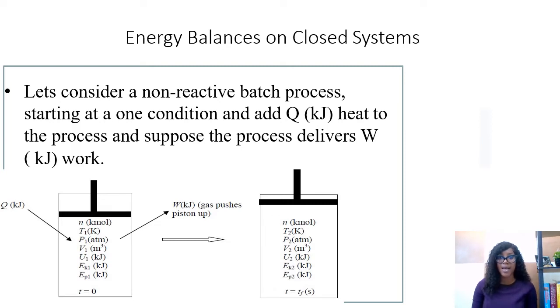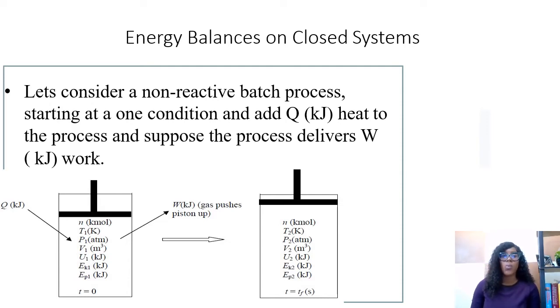And this is at time equal 0. Now remember, we said that there's two ways that we can transfer energy in and out of a system, right? And that is through heat, which is Q. So you notice that arrow where the Q is entering our system, which is our piston.